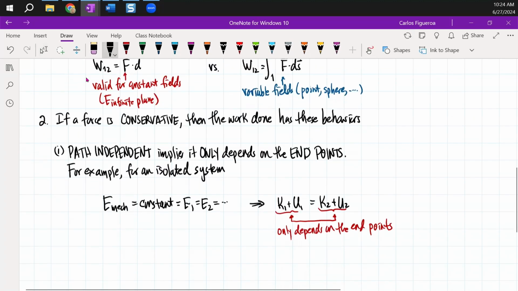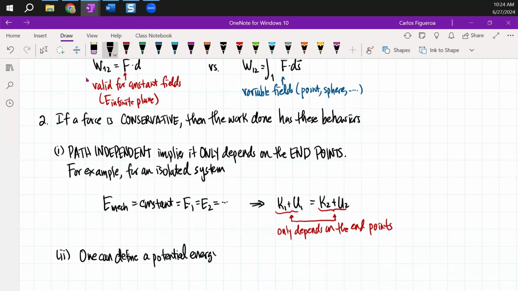And then the other thing here, if I do have a conservative force doing the work, one can define a potential energy function.